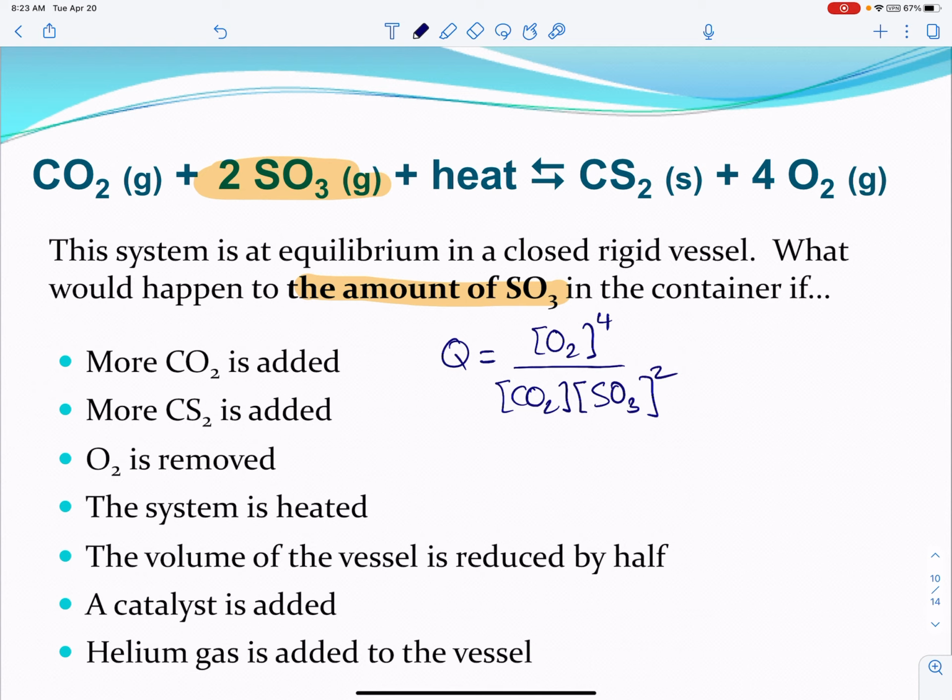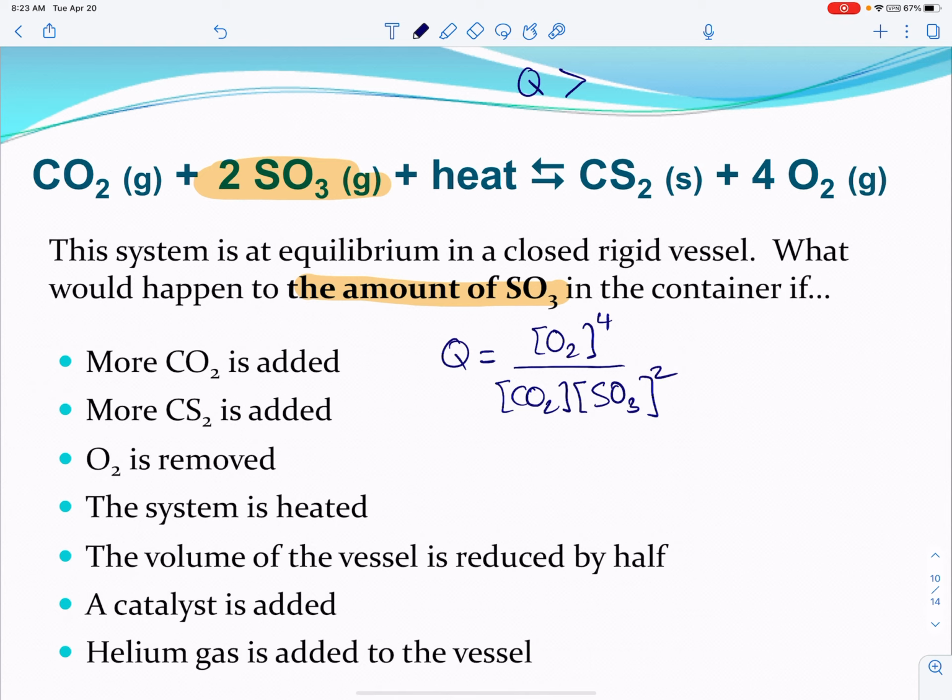Now you also remember that when you're initially at equilibrium, Q, the reaction quotient, is equal to Kc. We know that if you disturb the equilibrium, there'll be a shift in equilibrium. Well, there's one of two possible results.